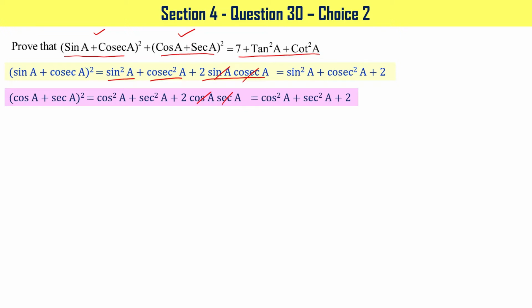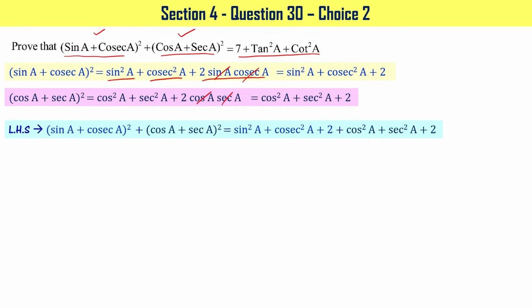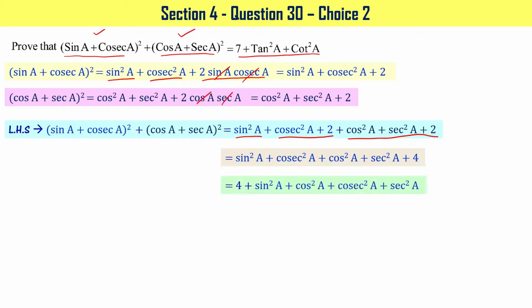Now let's simplify the LHS. That can be now written as sin square A plus cosec square A plus 2 plus cos square A plus sec square A plus 2, right? This can be written as sin square A plus cosec square A plus cos square A plus sec square A plus 4. Let me rearrange it such that I can write it as 4 plus sin square A plus cos square A. This is one identity.